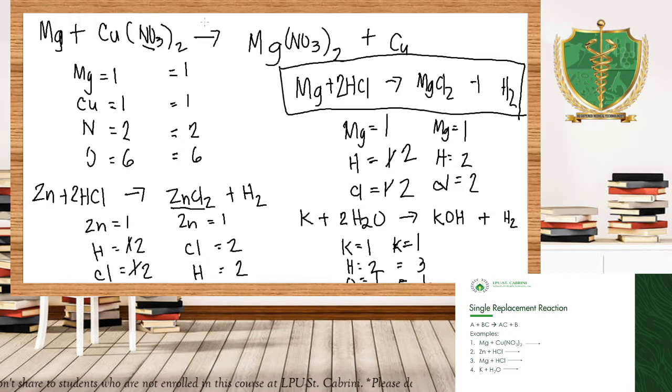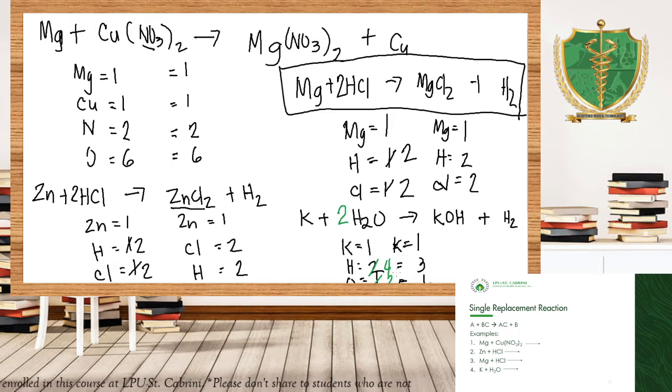So, kapag po nagdagdag tayo dito ng 2 sa ating water, this will be 2. This will become 4. This will become 2. O sir, paano naging 4 yan? 2 times 2, 4, di ba? 2 times 1, 2. Okay, balance?